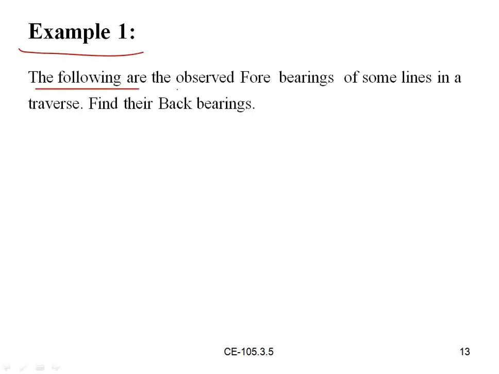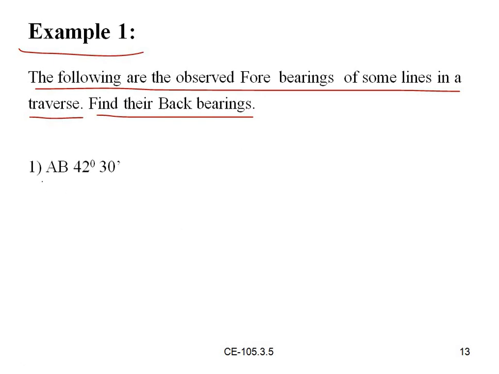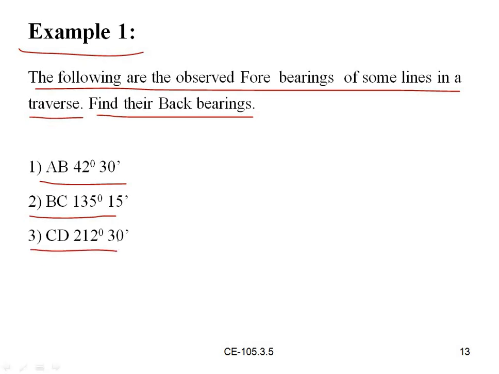Let us see. The following are the observed forward bearings of some lines in a traverse. Find their back bearings. So AB 42 degrees 30 minutes, BC 135 degrees 15 minutes, CD 212 degrees 30 minutes, DE 285 degrees 45 minutes.